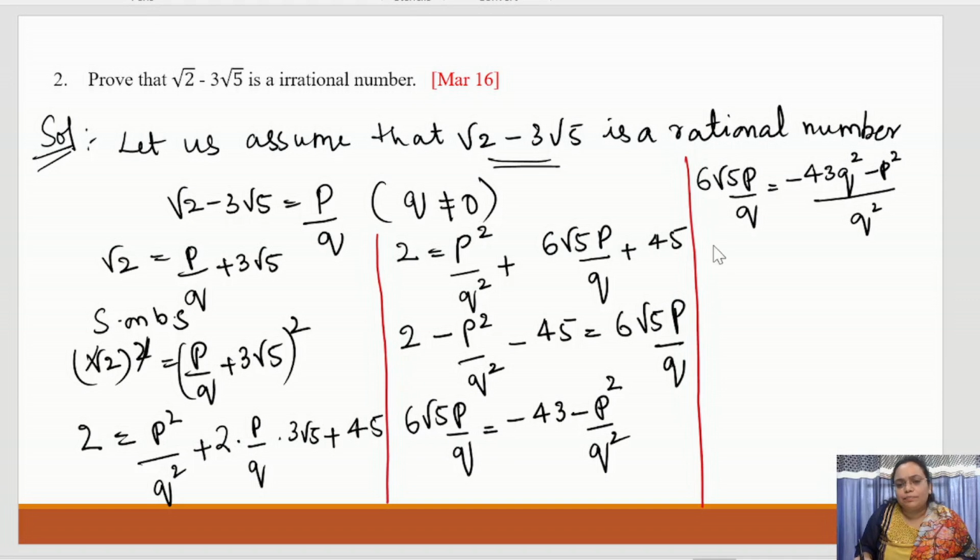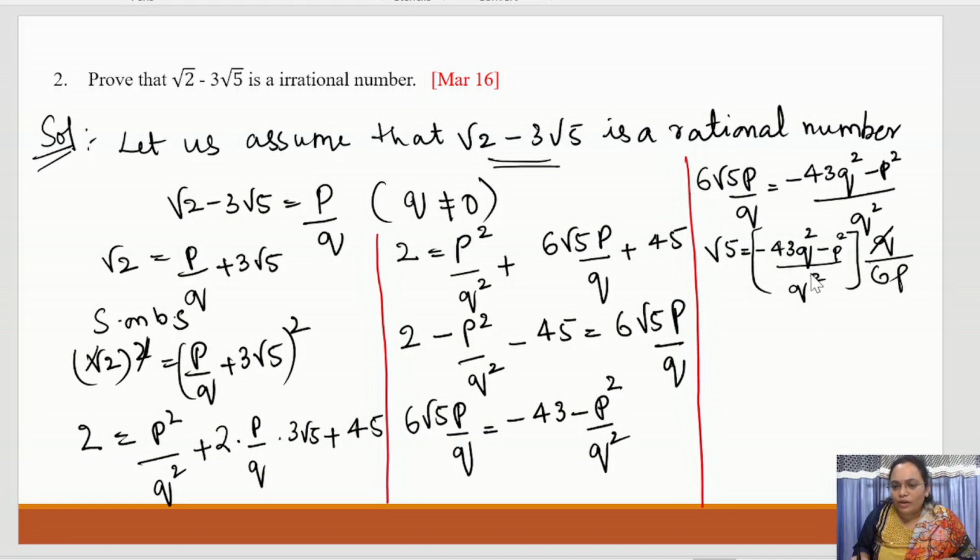I will just keep this root 5 in LHS and send the remaining all to RHS. Which is, see here, minus 43 q square minus p square by q square, into q by 6p.